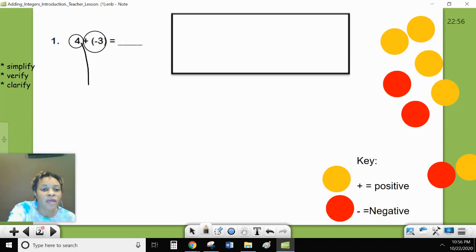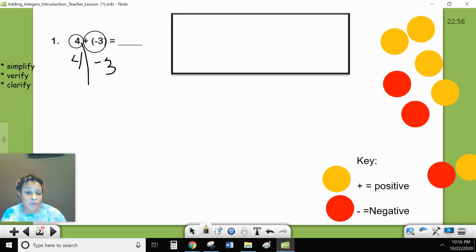So here, in front of the 4, there's no sign, so I know that that is a positive 4. And in front of the 3, we have the plus sign, and inside the parentheses, there's a negative sign or the opposite of sign. So we're going to combine that to be negative 3 or the opposite of 3.